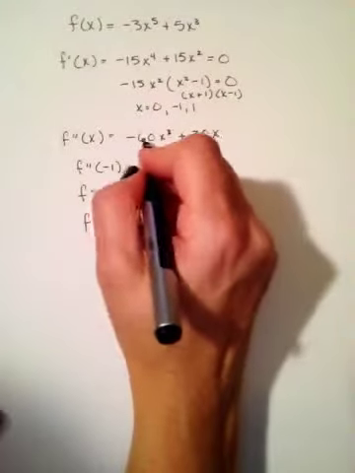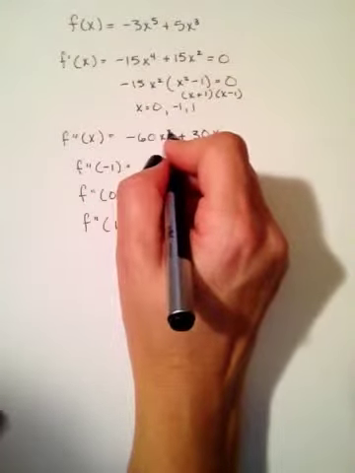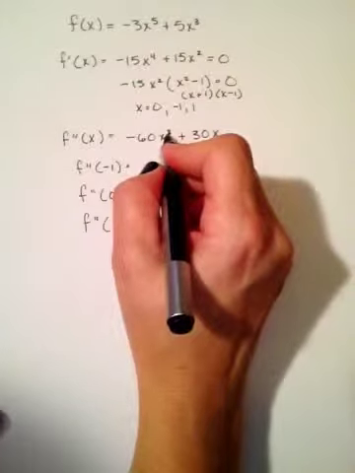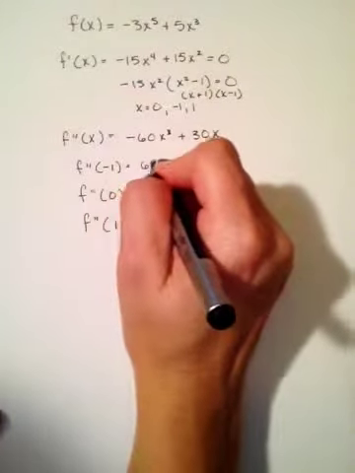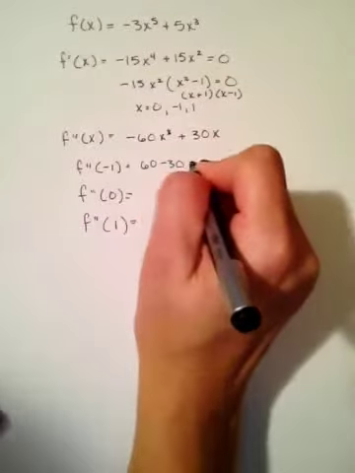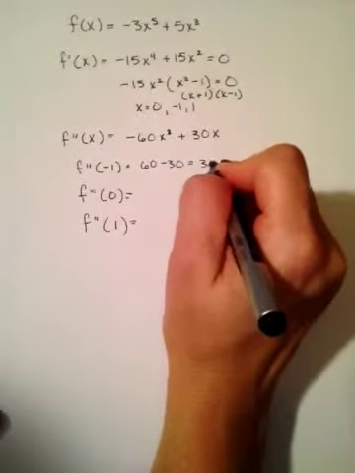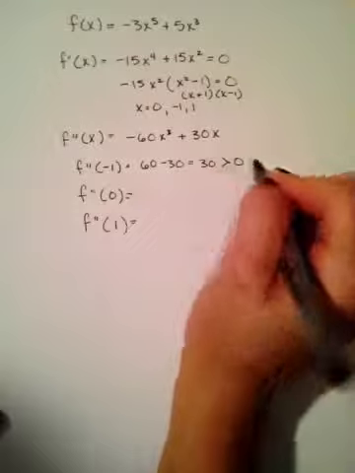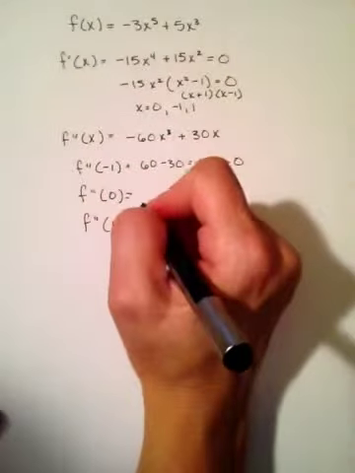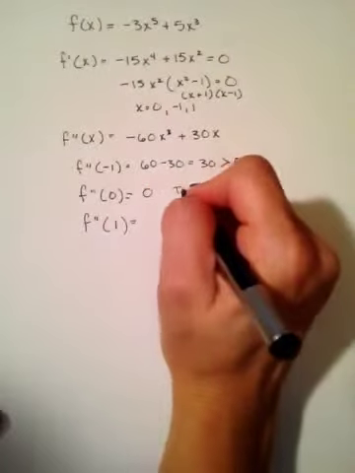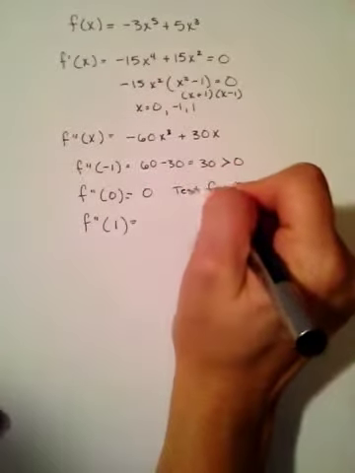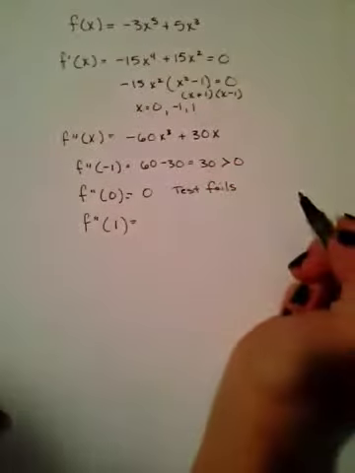So if I plug in negative 1, negative 1 cubed is negative 1 times negative 60 is a positive 60 minus 30 equals 30, which all I really care about is that it's greater than 0. If I plug in 0, I'm very sad because that equals 0, so the test fails. So right now I'm not going to know if that's a max or a min.